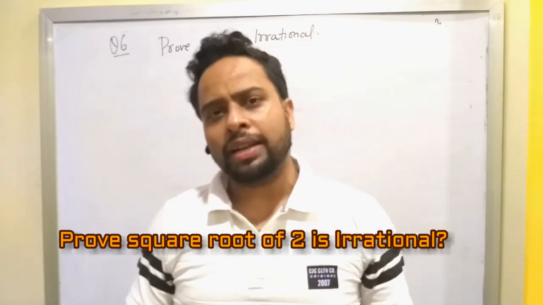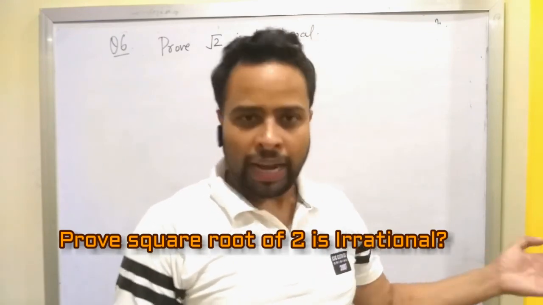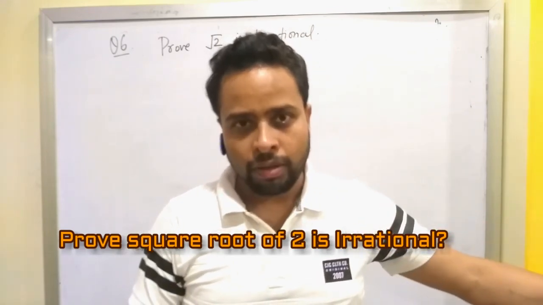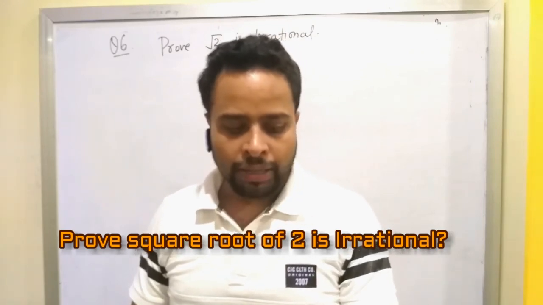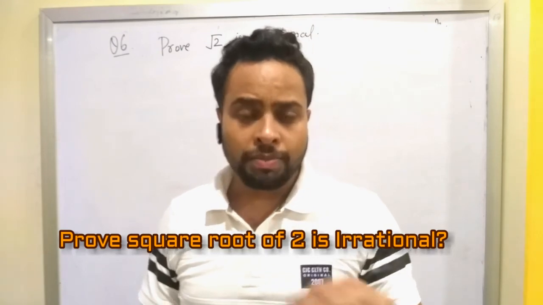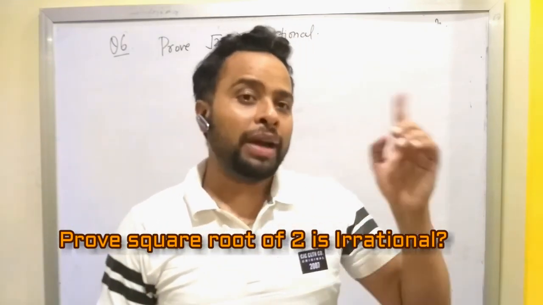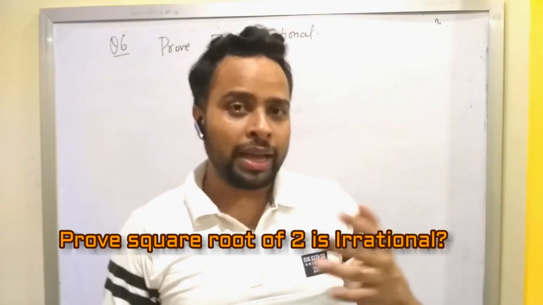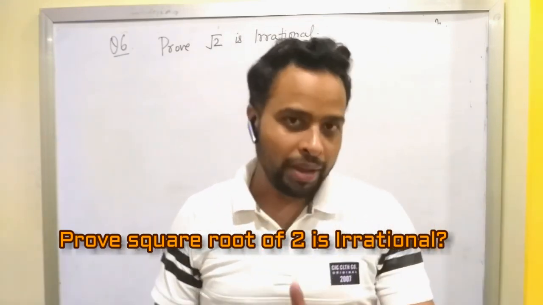Then I will say that I had seen the 1983 World Cup, and you were not born at that time, so my assumption is wrong. That means my assumption that I am younger is wrong. So what is proved? I am elder to you.